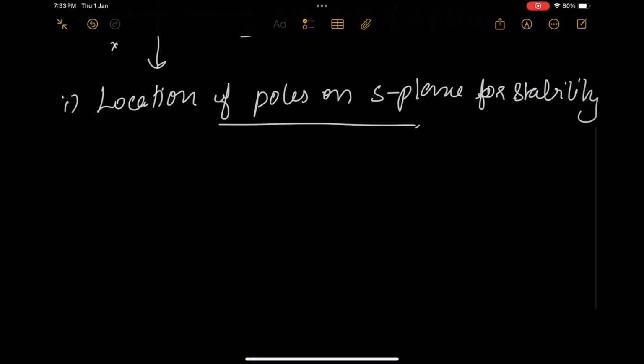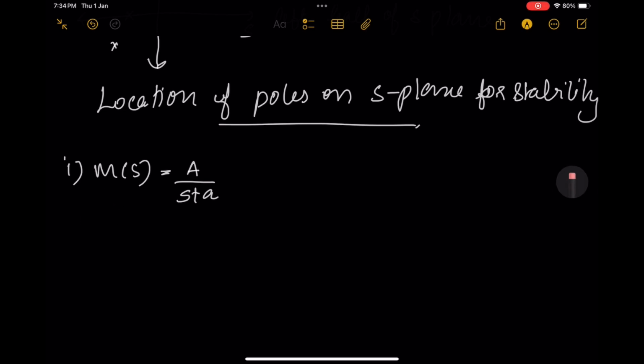So at first I'm gonna give you an equation, that is a Laplace equation, M of s is equal to a by s plus a. Before taking the Laplace inverse, we'll find the pole of this system with the equation M of s equal to a by s plus a.